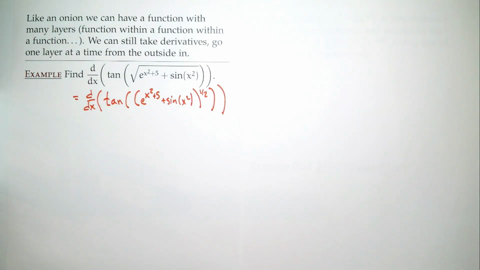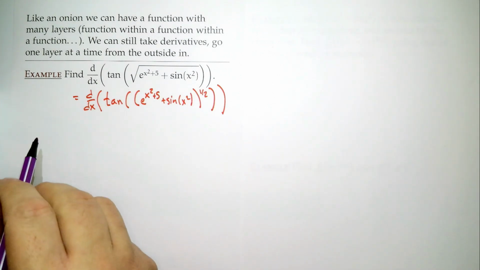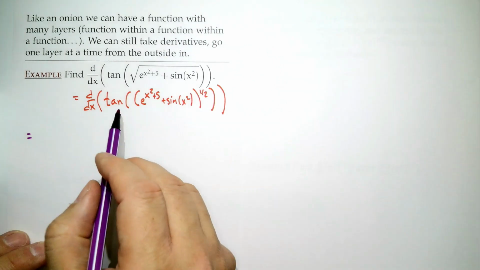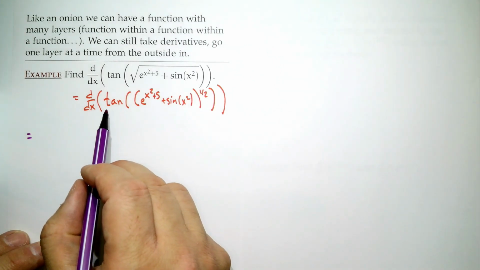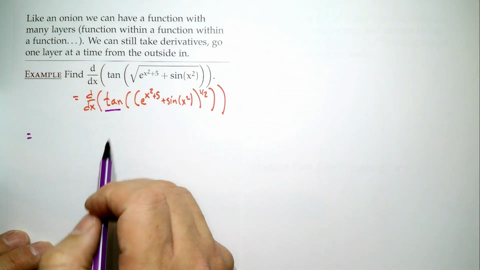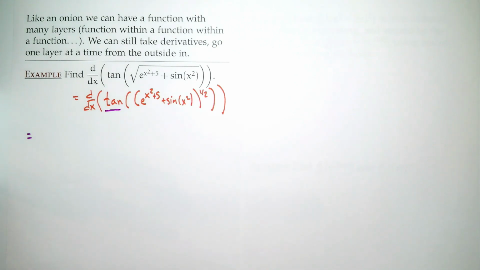Now we're ready. When you have a problem like this, the key is don't panic. Just work it through a layer at a time. Start on the outside and go in. The outside is tangent. What's the derivative of tangent? Secant squared.